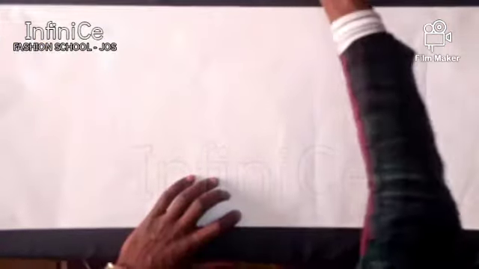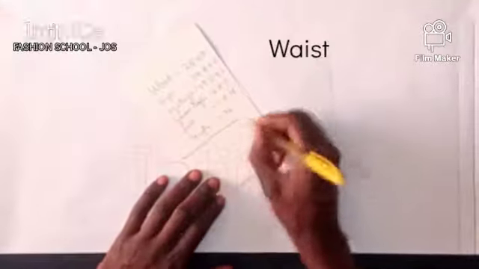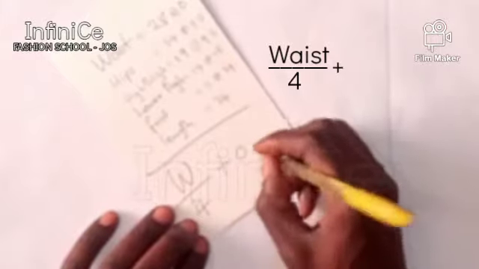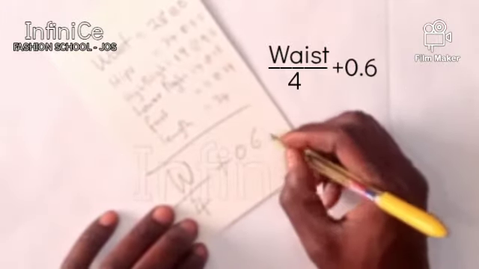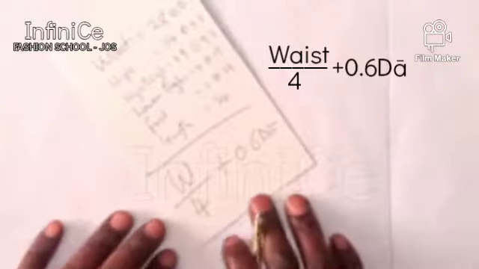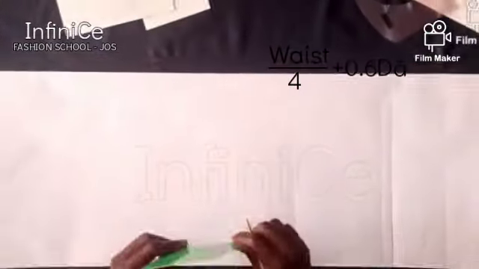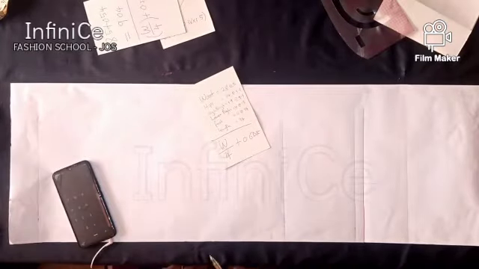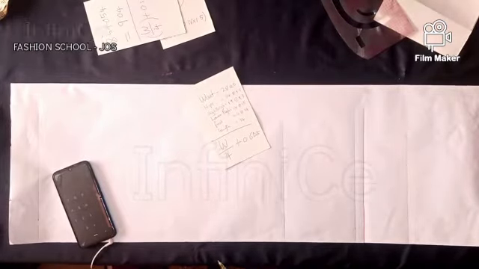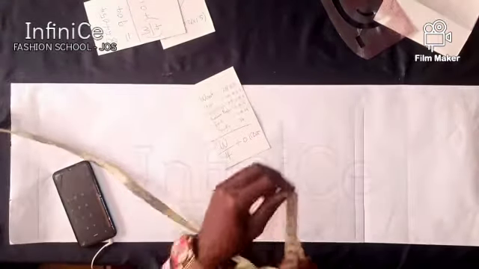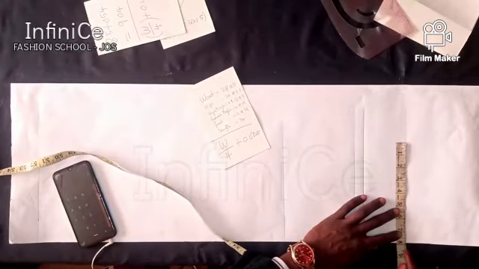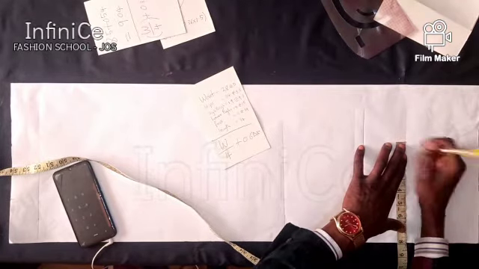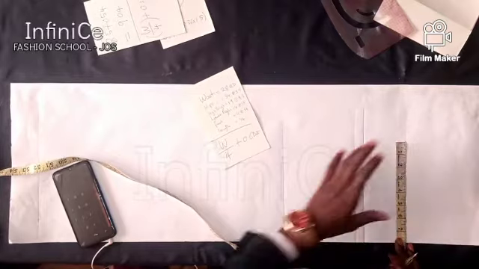Now we take the waist measurements, divide it by 4, add 0.6 of the difference allowance. By the time we do that, that's 7.9. We take these measurements on the hips. Are we together?